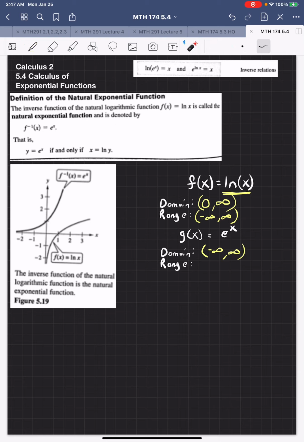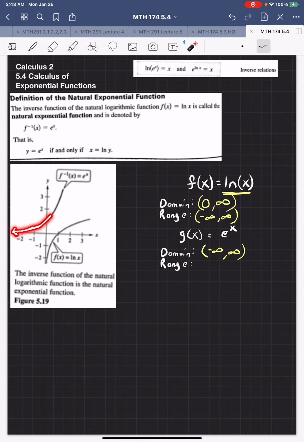All right? Now let's look at the range. Now we're looking up and down. Notice that this graph will never actually touch y equals 0. It'll just keep getting closer and closer to y is 0, but never actually touches y is 0.